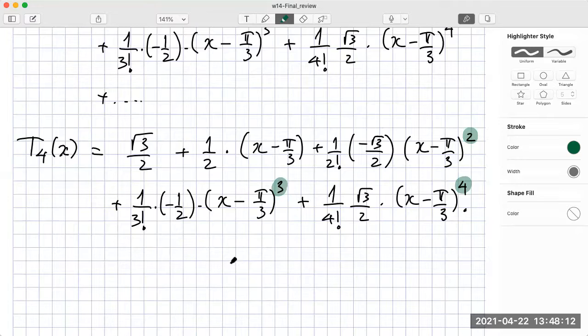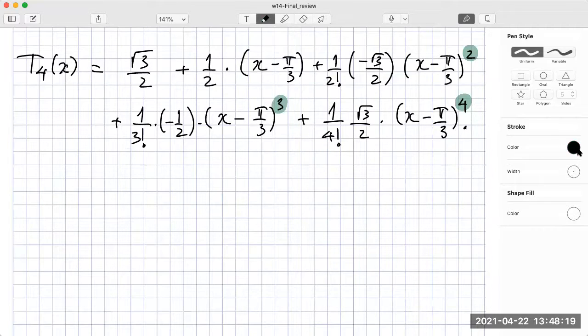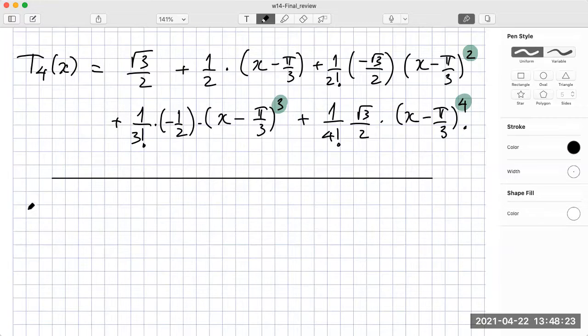Is it clear? And I saw many people make mistakes in the factorials term here. Remember, n factorial is defined as the product of 1 times 2 times 3 times 4 times etc. until n. Before it reaches n, it should reach n minus 1 first, and then n.